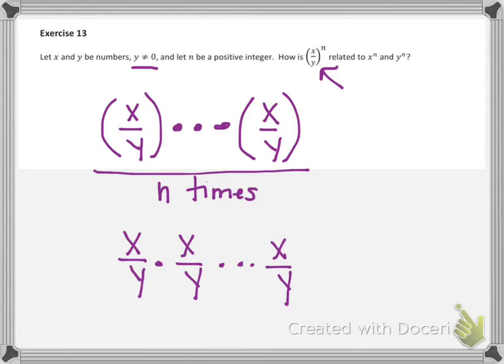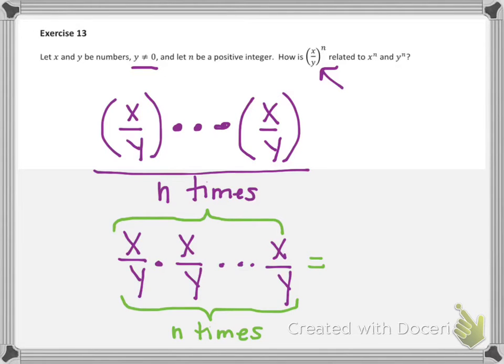So if I say that the numerator x is being multiplied n number of times, then the denominator y is also being multiplied n times. And so we could say that the x is multiplied together n number of times, and the y is multiplied together n number of times.